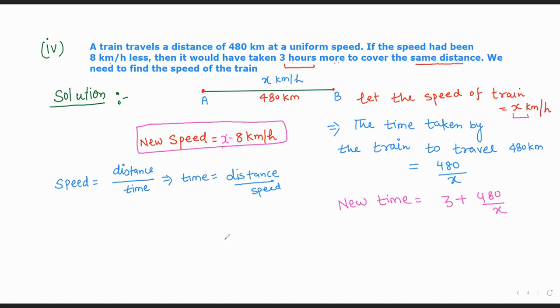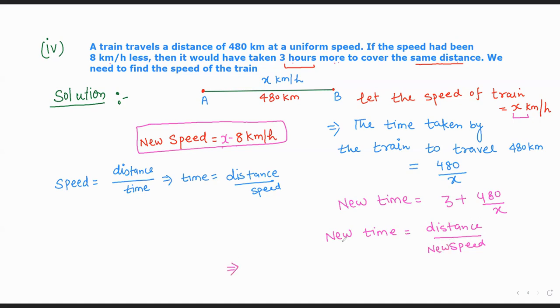So now if you see, the distance is same, so we can write new time equal to distance upon speed, but speed is the new speed and distance is same.